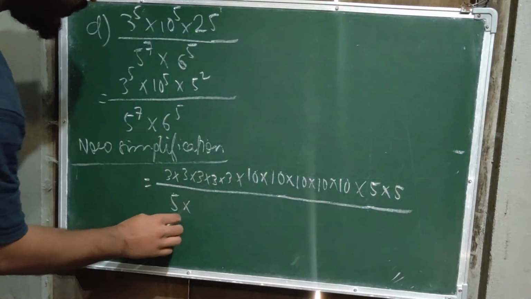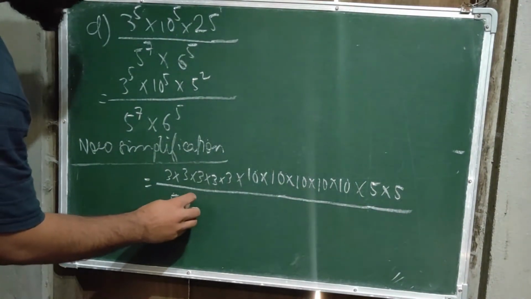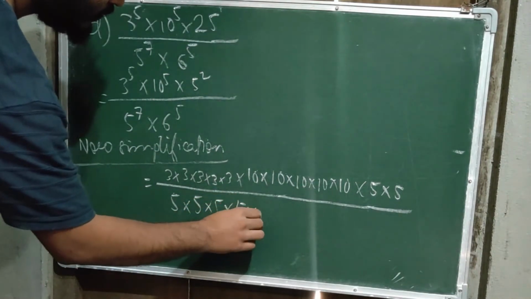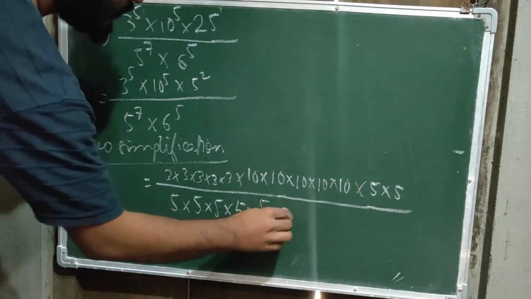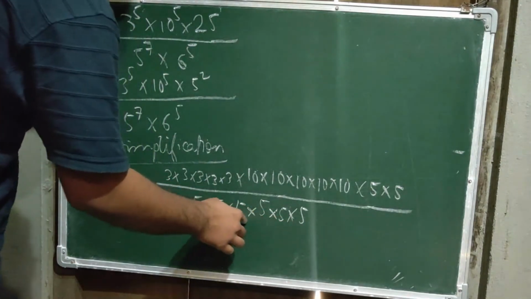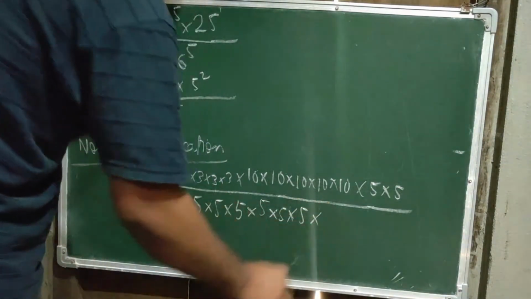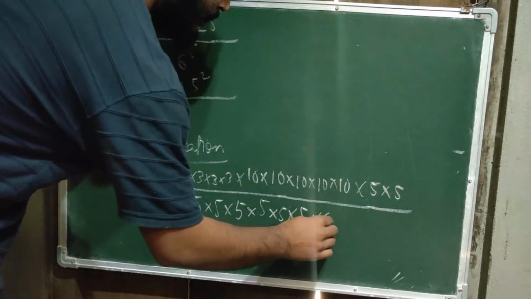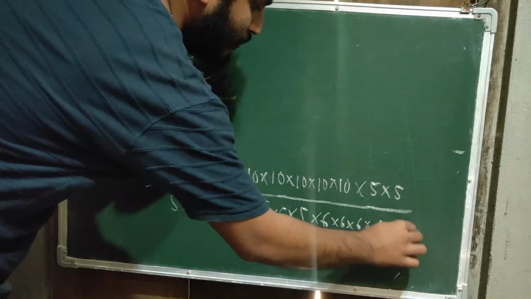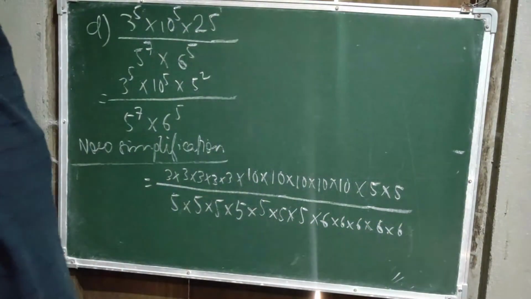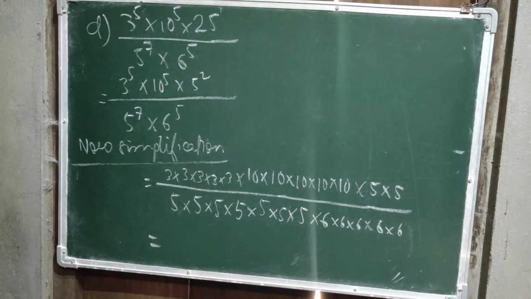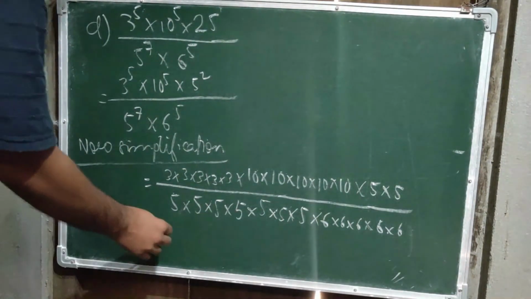In the denominator, 5 will put 7 times, and 6 will put 5 times. So when you calculate, we'll get 1.